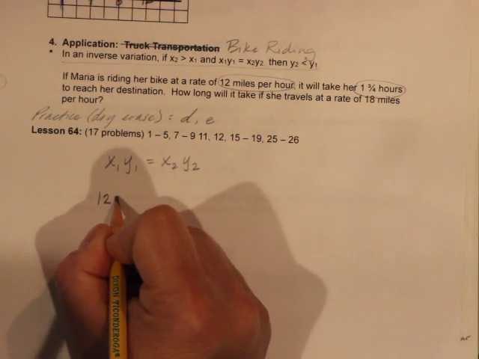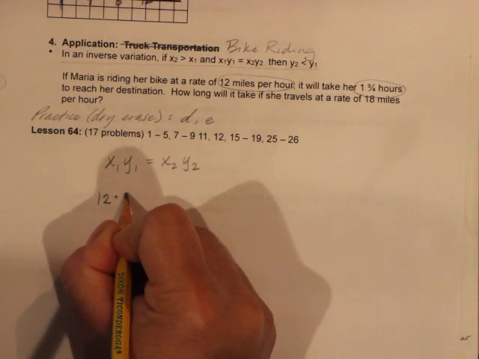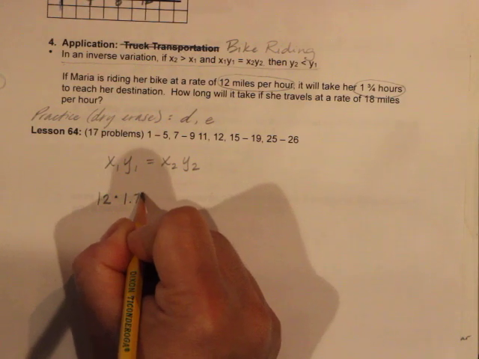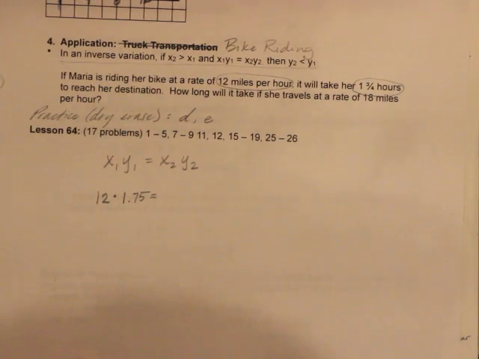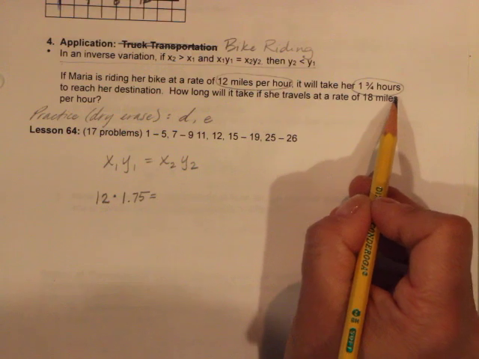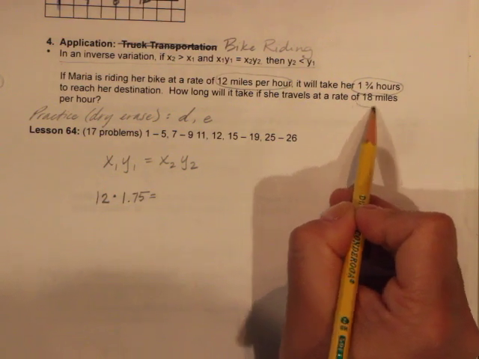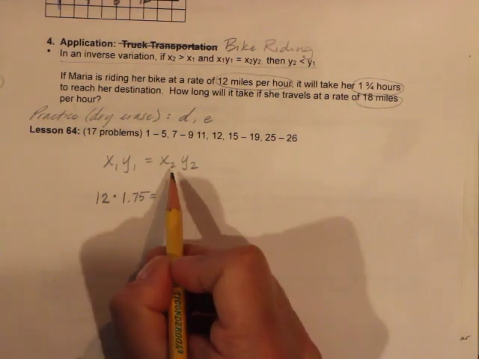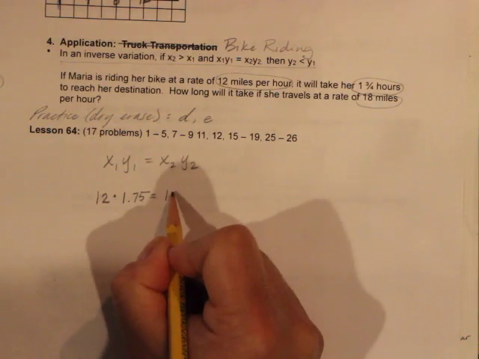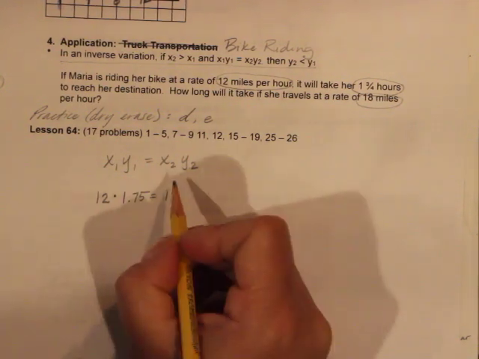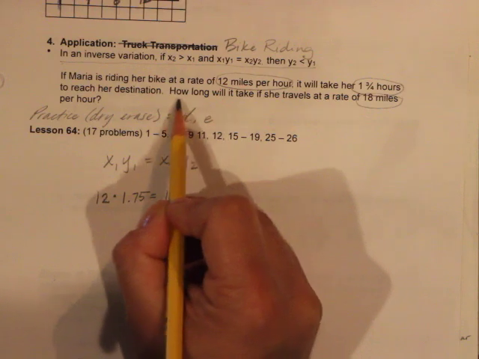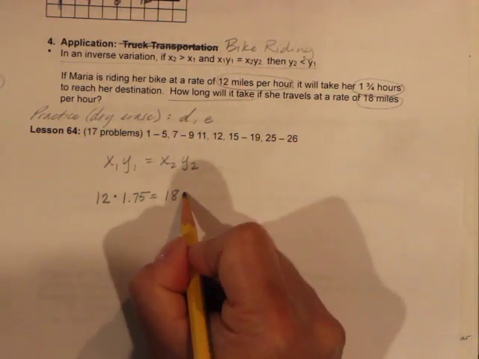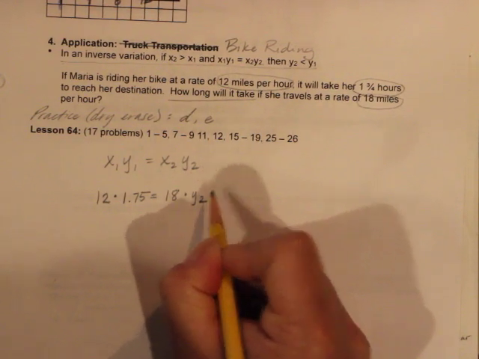That's my y1. Okay, so 12 times 1.75. That's 1 3/4. How long will it take if she travels at a rate of 18 miles per hour? There's my next x value, this one right here, 18 miles an hour. How long will it take? That's my y2 value, and I don't know what it is. That's the question. What is this?